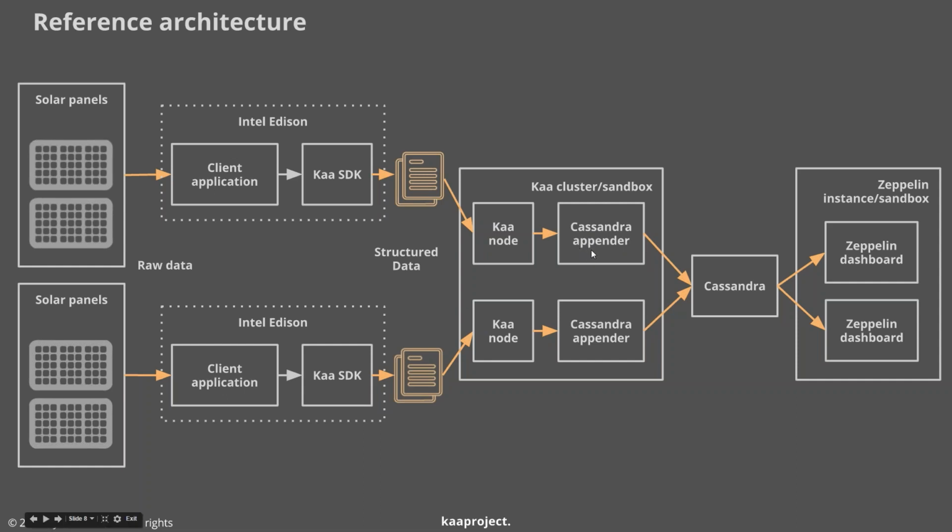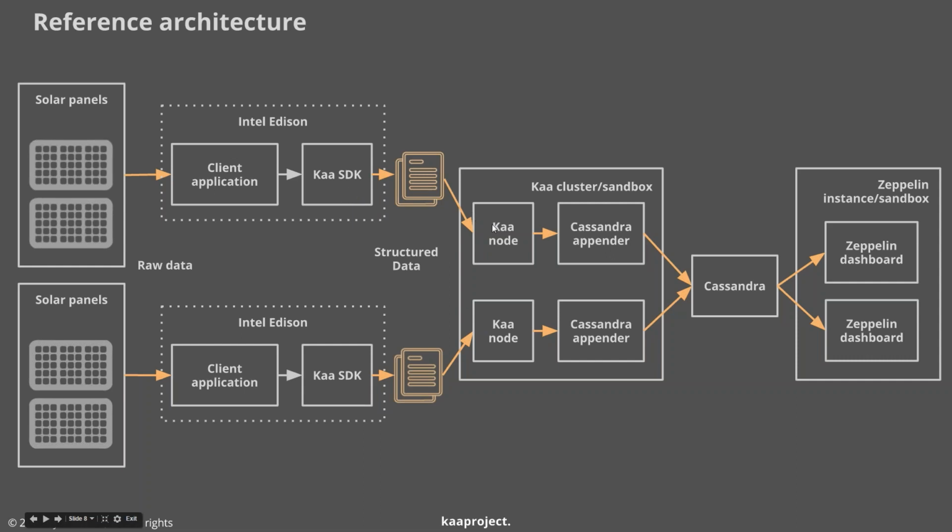In case of any data delivery errors, the error is pushed back to Kaa SDK, and it basically allows you to store data locally while data is being delivered. As soon as Kaa SDK receives confirmation that data was successfully delivered to Cassandra or to any other data storage, it deletes the local copy of the data.